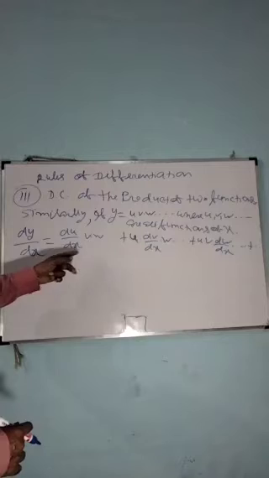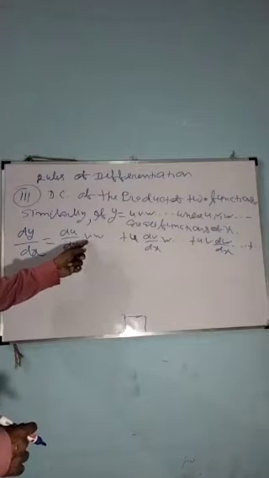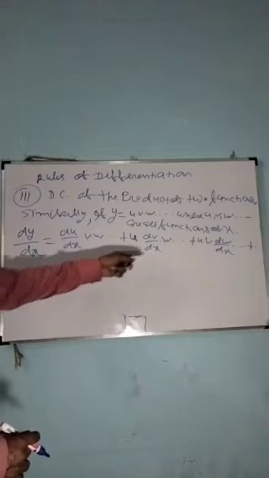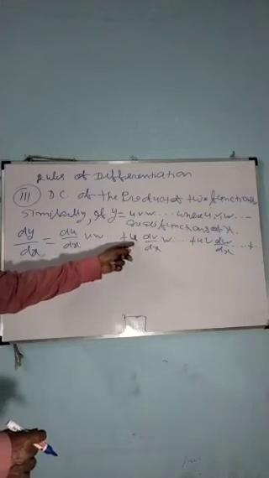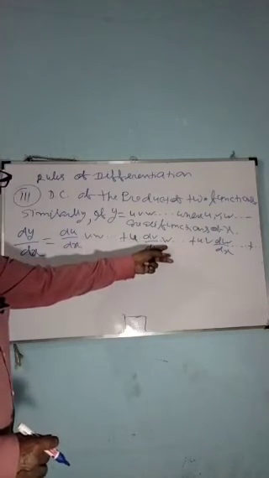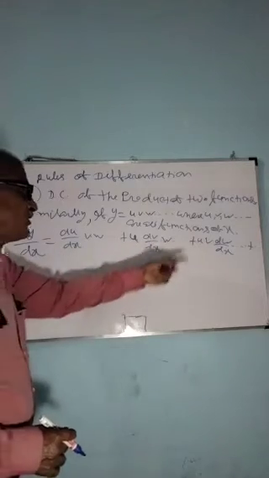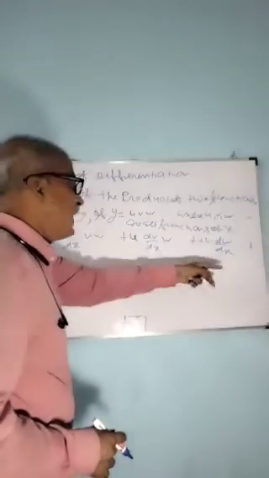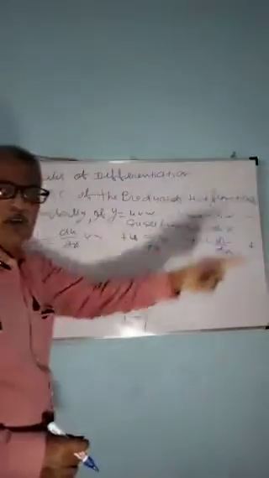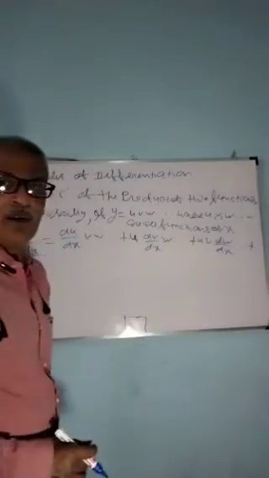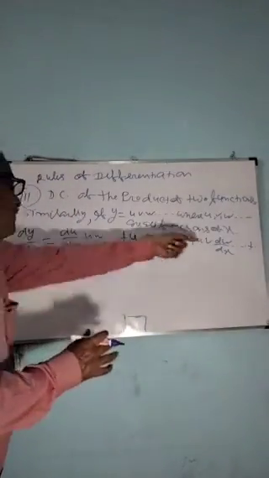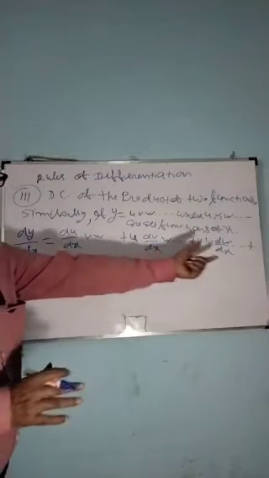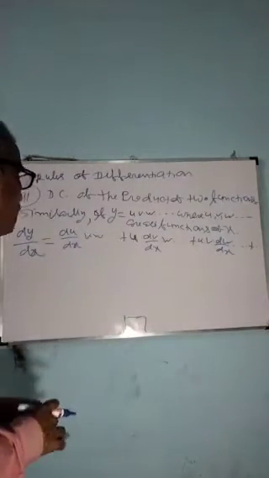Here we obtain DC of first and we will multiply the rest functions by it, plus DC of second function and we will multiply the rest u, w functions by it, plus DC of third function and you will multiply the rest u, v and so on. In this way we obtain DC, multiply and add them, and we obtain the DC of the product of more than two functions.